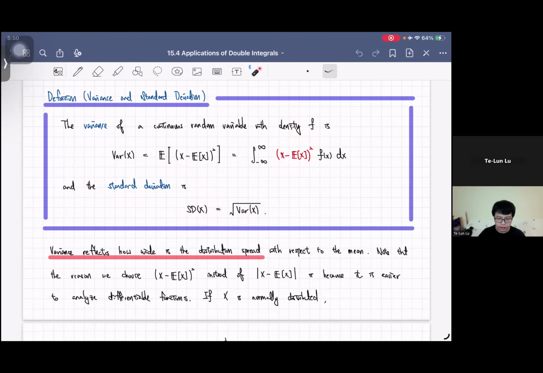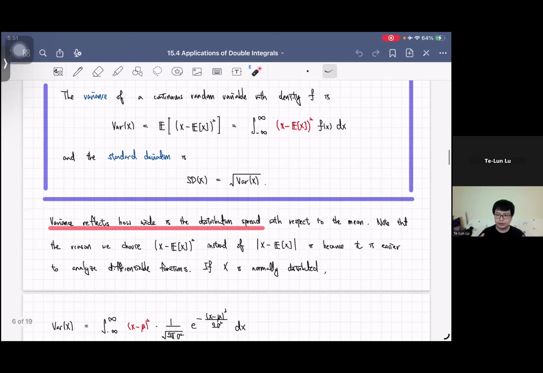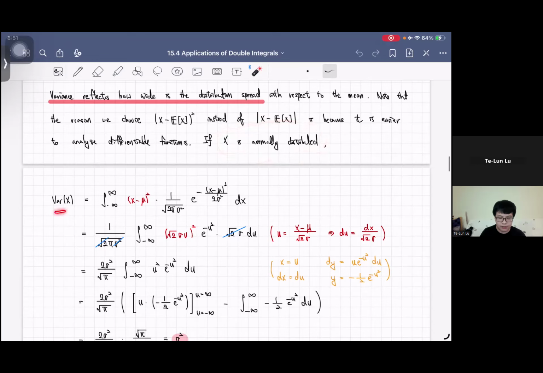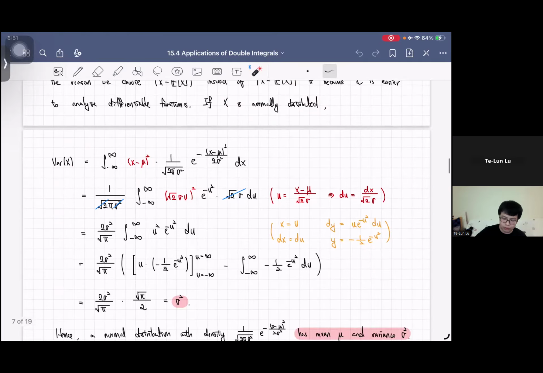Okay, so now let us go back to the normal distribution case. And we see that if x is normally distributed, then the variance of x is defined to be the integral of x minus mu squared times the density. We have already verified in the previous note that mu is in fact the mean of the normal distribution, right?